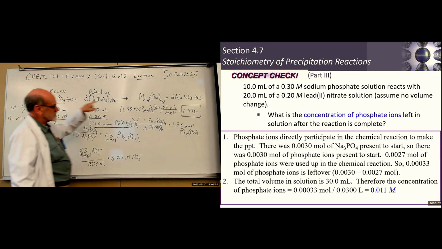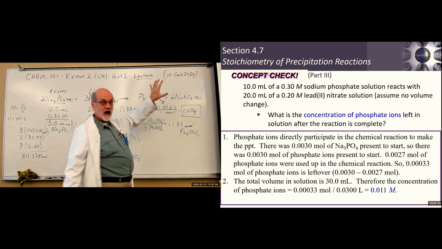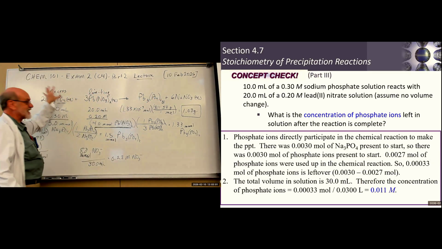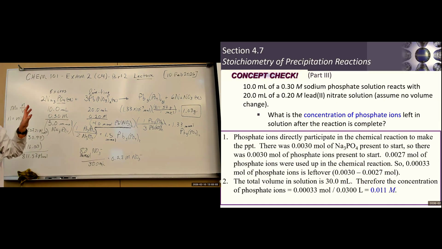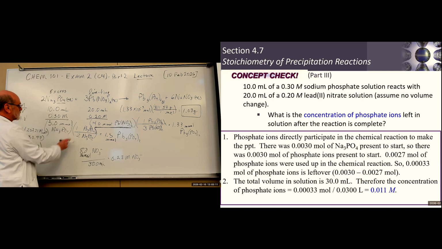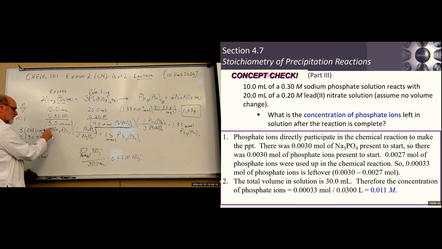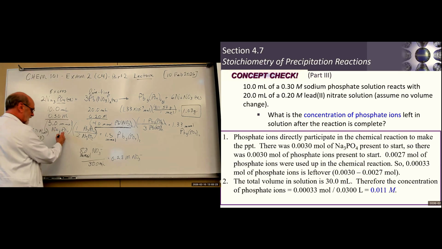But some of the phosphate is tied up in this, but not all of it, because it's excess. Okay? What we have to do is find out how much is left. We started out with 3 millimoles of this compound. Right? So if we have 3 millimoles of that compound, we have 3 millimoles of phosphate that we start with. Right? So that's what we're starting with.